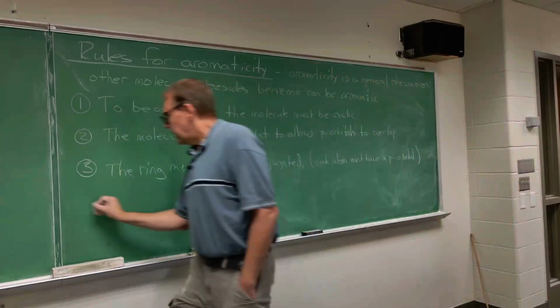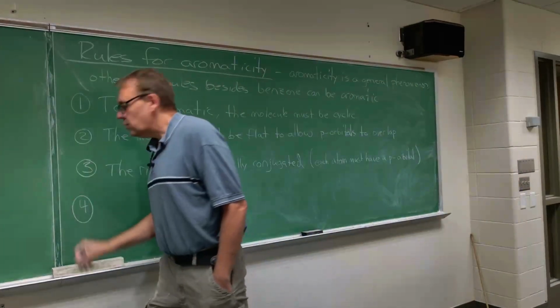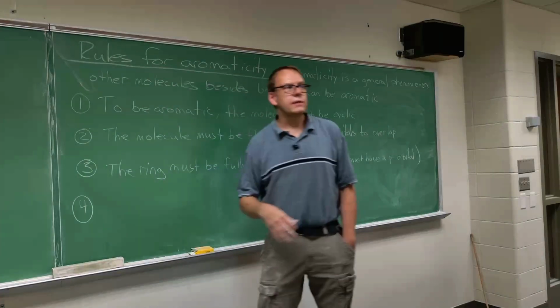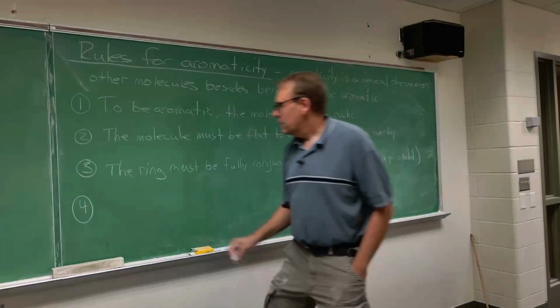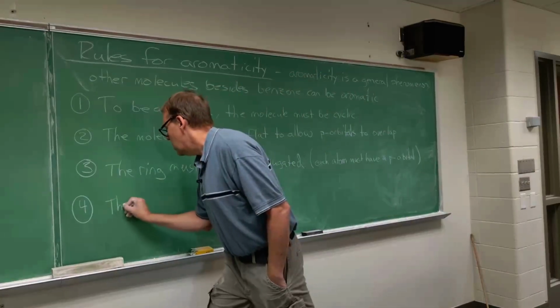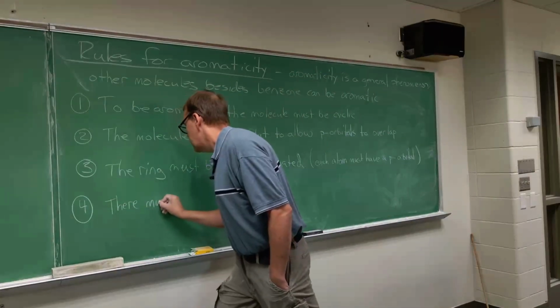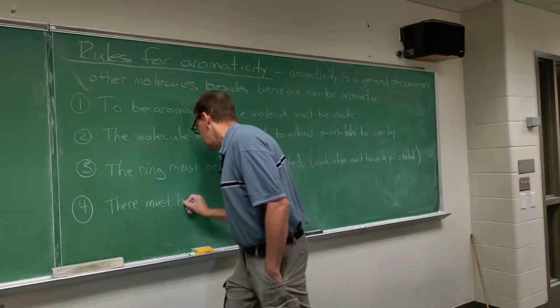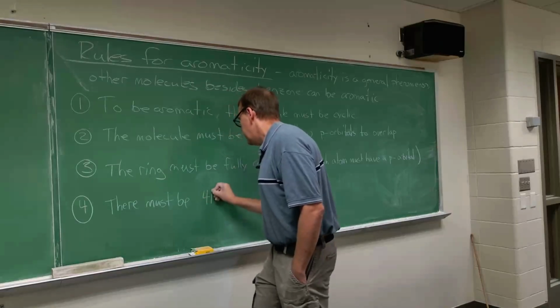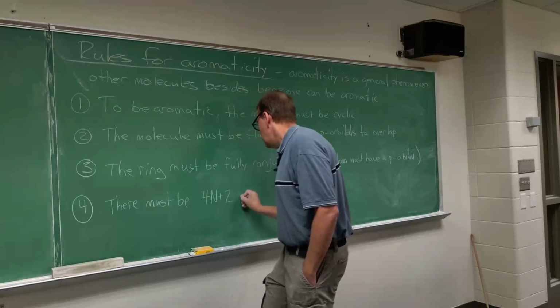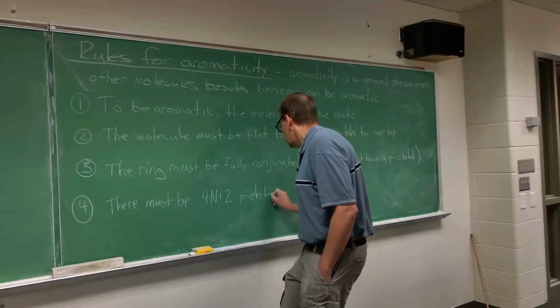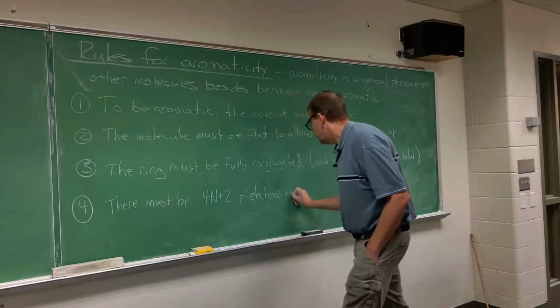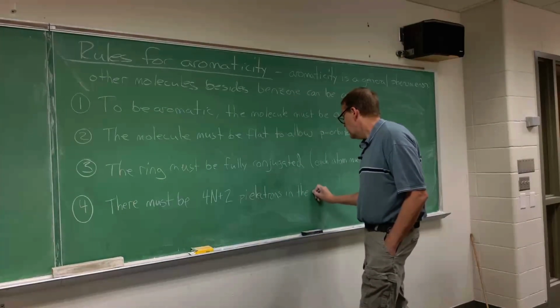And then the last thing, and the most obscure thing, and the hardest thing probably to digest at first, is that there are certain patterns of electrons that you have to have. So there must be 4n + 2 pi electrons in the ring.